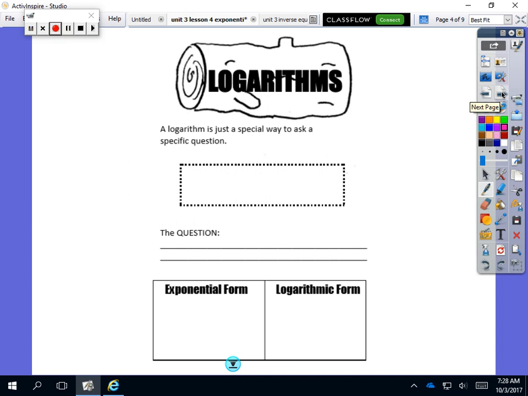So logarithms is just a special way to ask a specific question, and a logarithm looks like this. Log base b of n equals p. So we say log base b of n is p, where I'll write down in just a minute what each of these are.